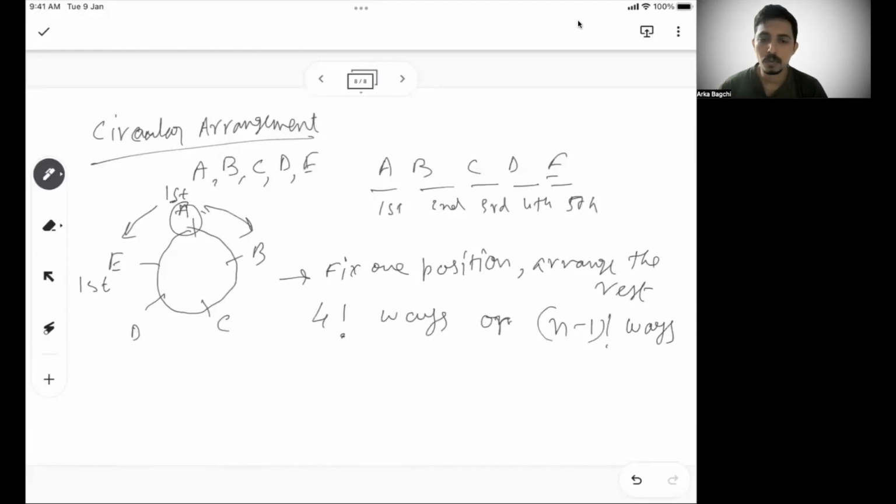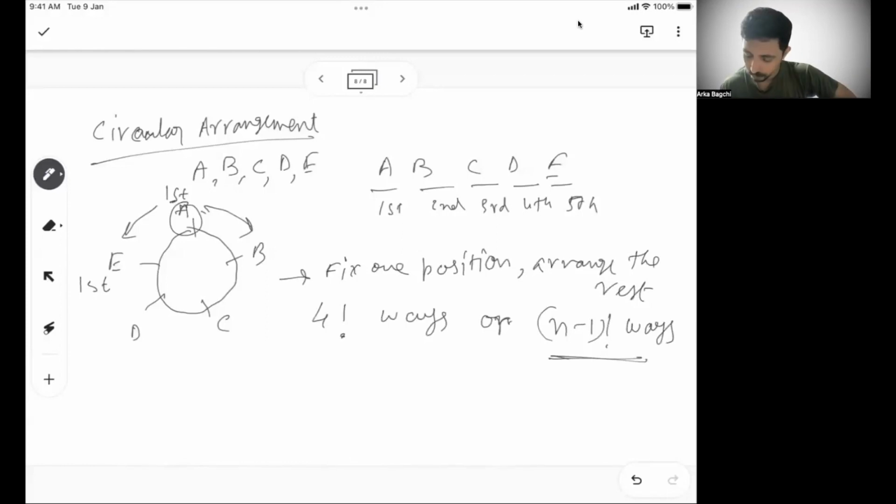So when it's a circular arrangement, the possible number of ways of arranging is n minus 1 factorial. N minus 1 because you have to fix one position and then arrange the rest according to that particular position. You can do B, C, D, E, you can do B, D, C, E, you can do B, E, C, D, whatever, but you have to fix A. A is your starting point or the anchor point, and from A, you figure out the others.